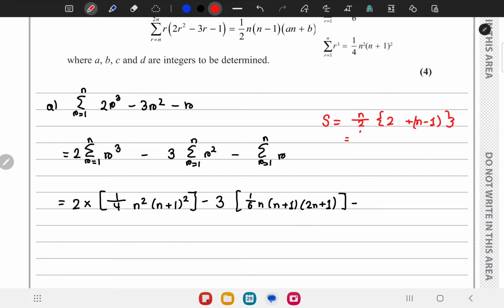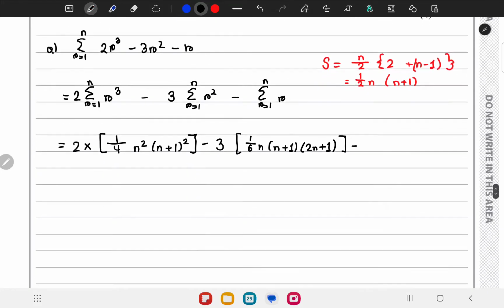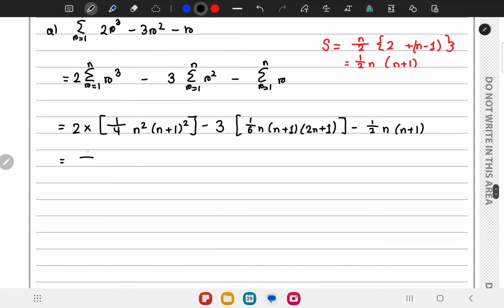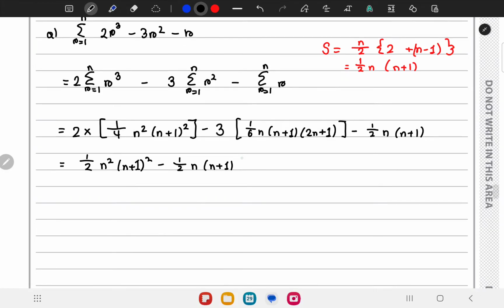So we'll get half n times n plus 1 over here, so minus half n plus, we get half n square times n plus 1 whole square minus half n times n plus 1 times 2n plus 1 minus half n times n plus 1.